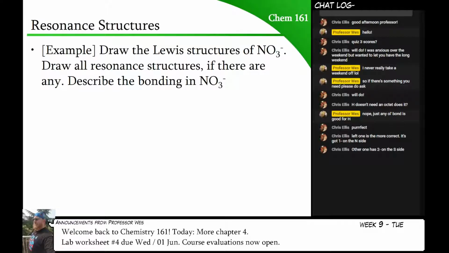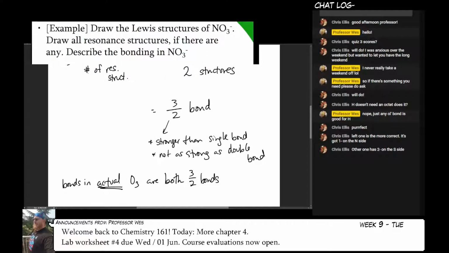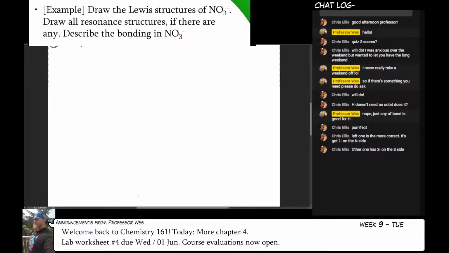All right, we're out of time already, so let's go over the answer here real quick. So let's describe the bonding in NO3. First, we got to draw its structure. So really quickly, you should be able to draw the Lewis structure for nitrate. And you should get something that looks like this.